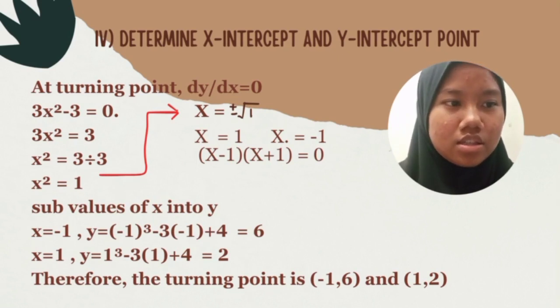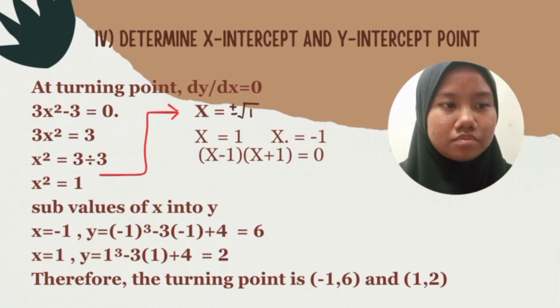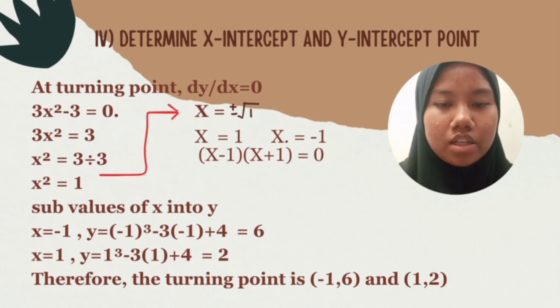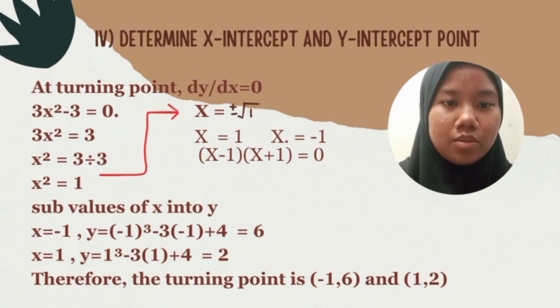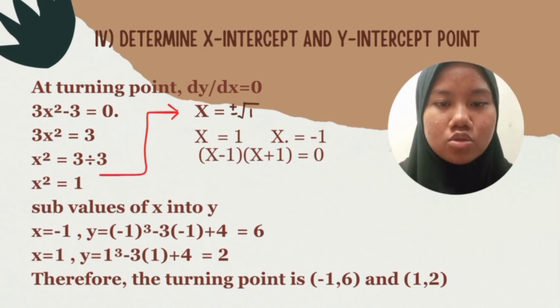Then x equals 1. y equals 1 to the power of 3 minus 3 in brackets 1 plus 4, equals 2. Therefore, the turning point is minus 1 and 6, and the second turning point is 1 and 2.